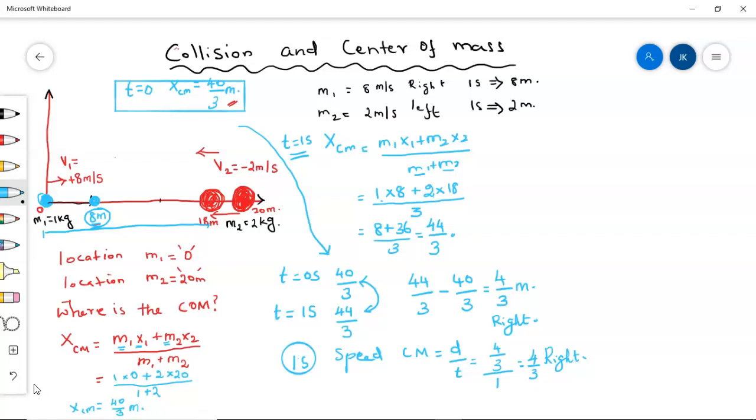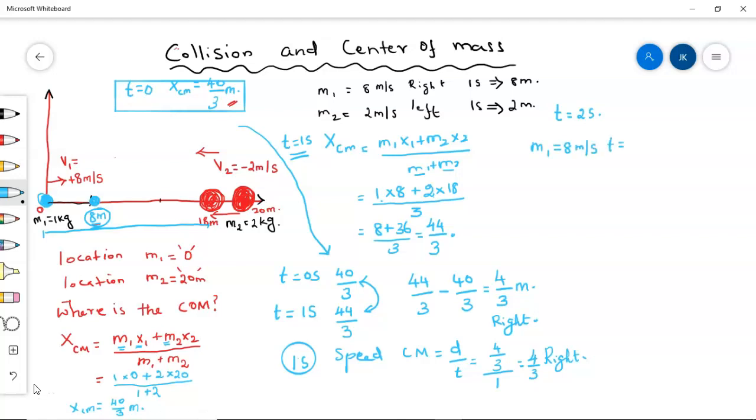Okay, let's see how it changes. Now, in the following 1 second, that means at 2 seconds, the first object has the speed of 8 meters per second.